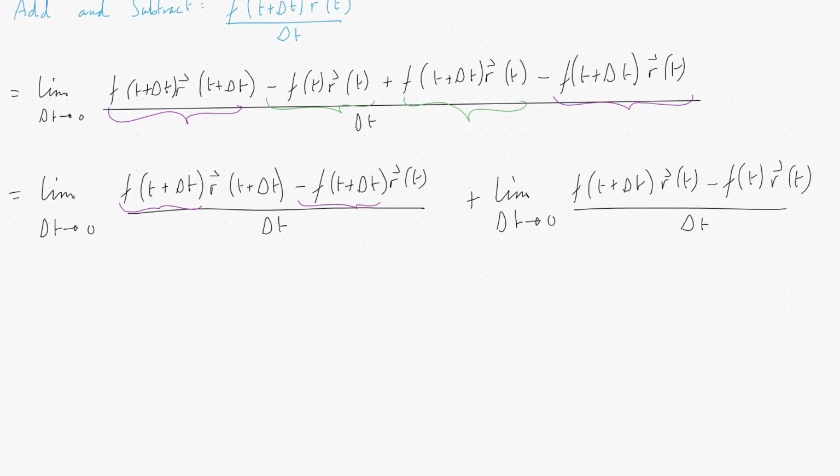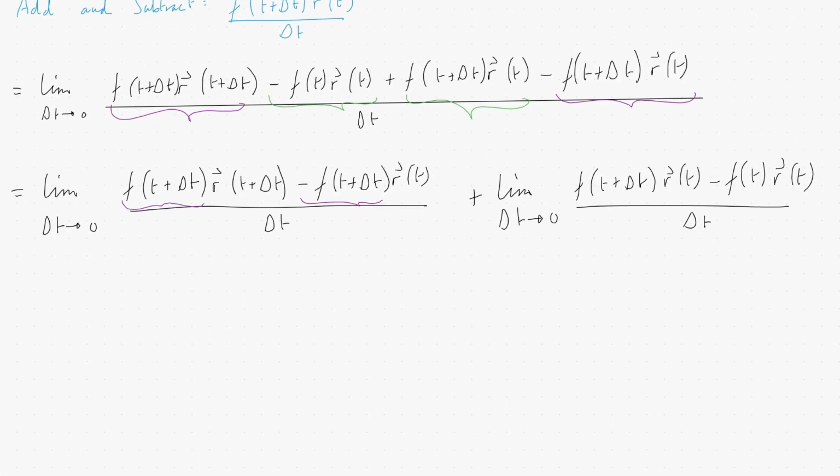And the exact same on the opposite side where the green terms are, but with the green terms we are going to be taking out the r of t itself. R of t here, and it's going to leave us with the definition of the derivative of the scalar function.